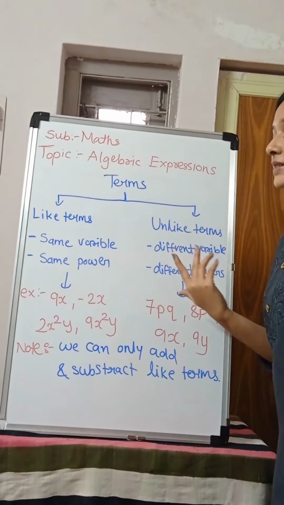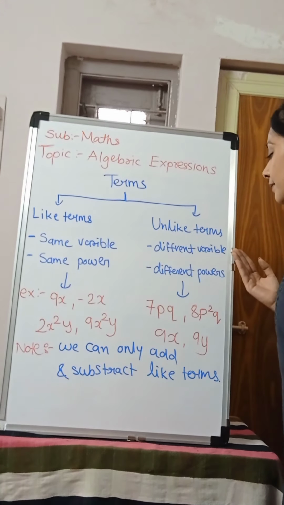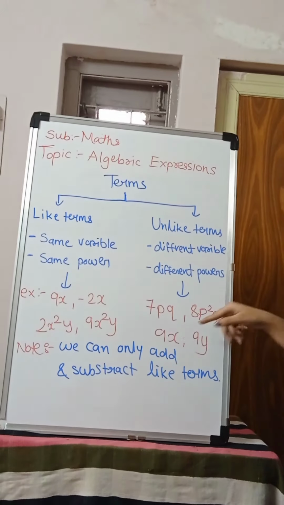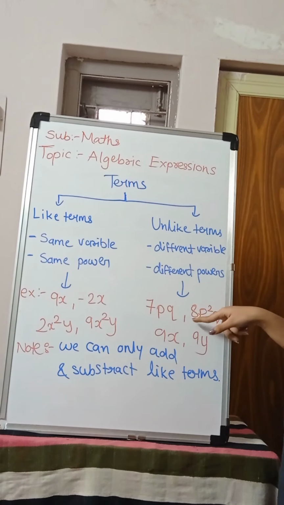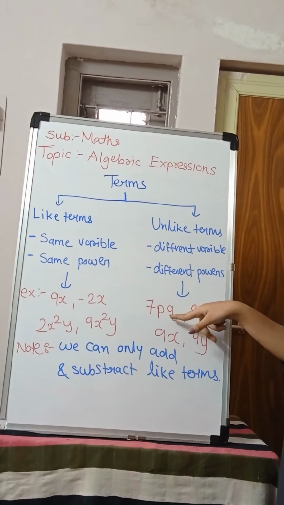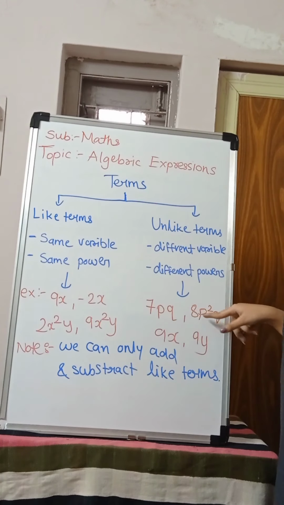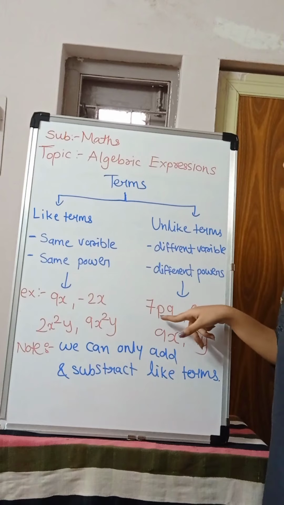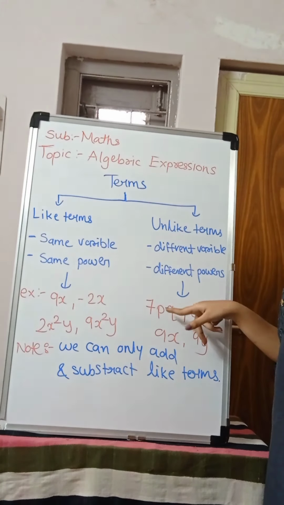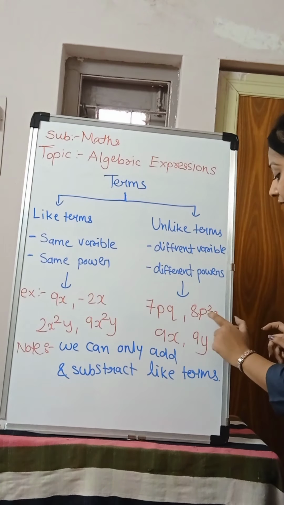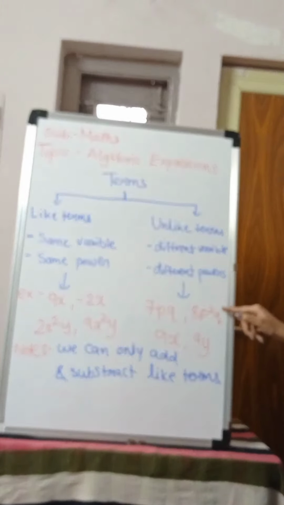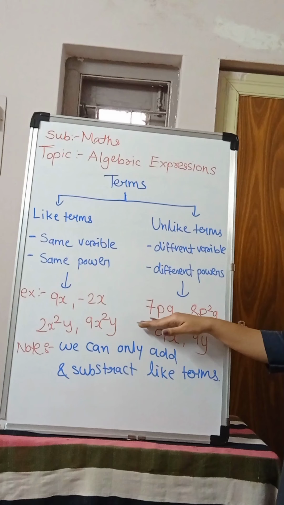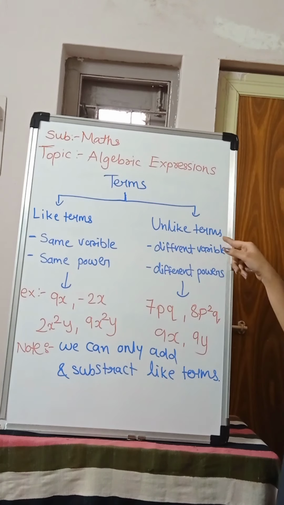The opposite of like terms is unlike terms, that is, different variables and different powers. Let us understand this with the example 7pq and 8p square q. The variables are the same, that is pq and pq. But the power of p and q here is 1, while the power of p here is 2 and the power of q is 1. So these two are unlike terms.